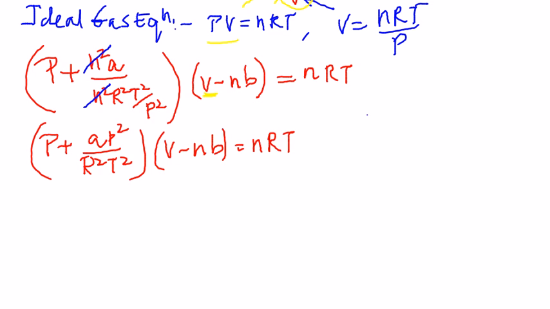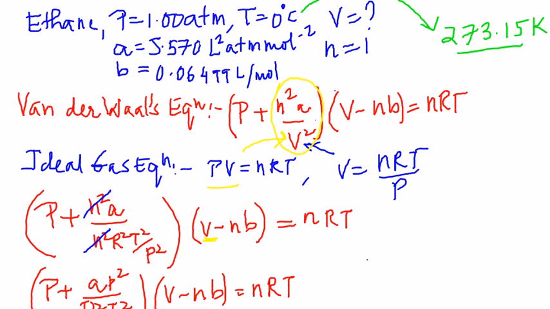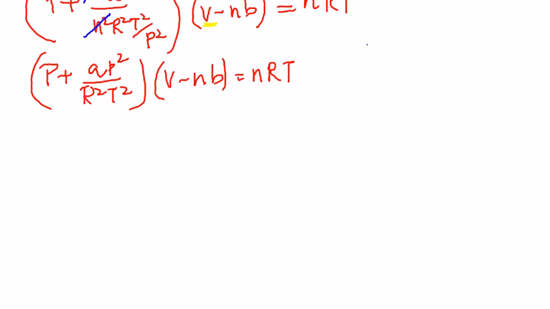So if you look at the problem on top, pressure is 1 atmosphere, temperature is 273.15, a is 5.57, and b is 0.0649. So I'm going to put pressure 1.0 atmosphere plus a is 5.570. What I'm going to do is just remove all these atmospheres and moles just to make the picture look simpler, so we can save some time.